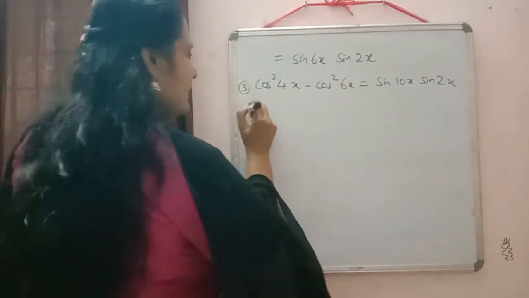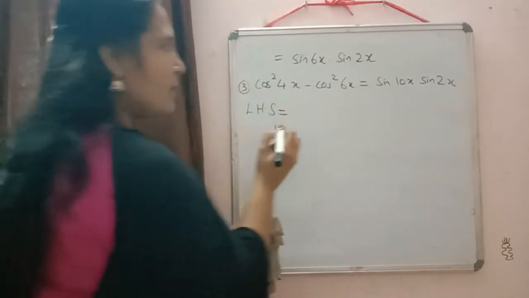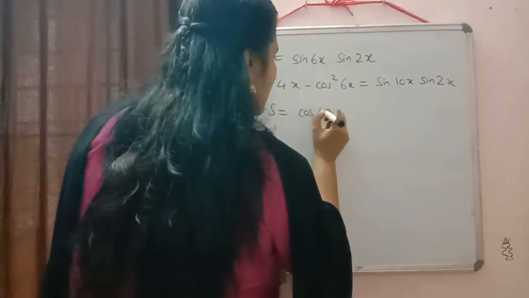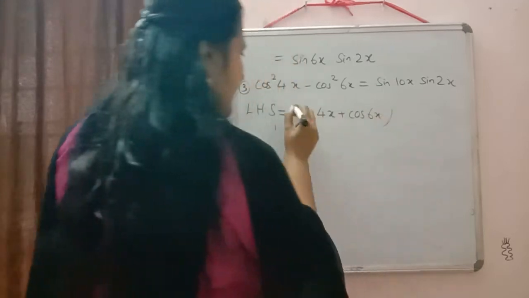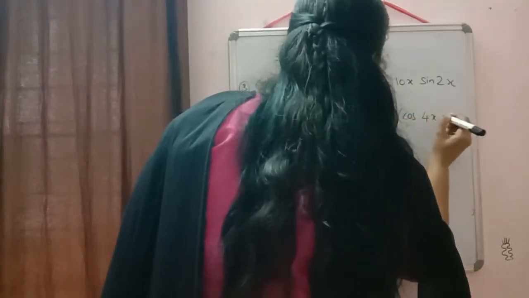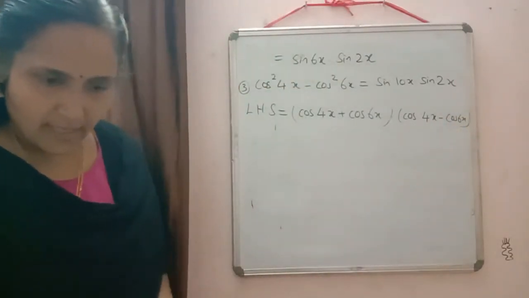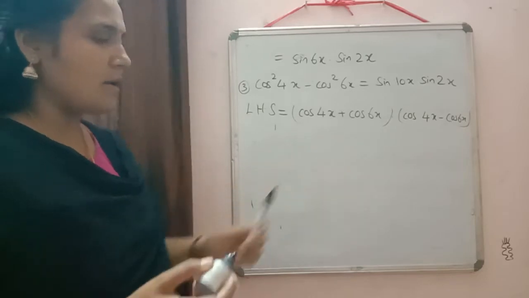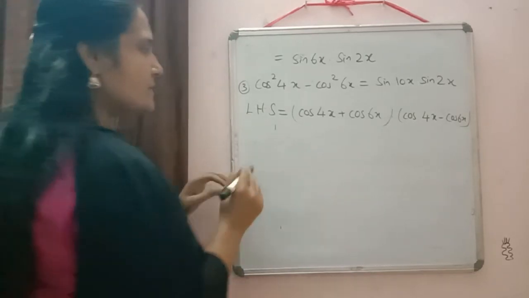We can use the identity a square minus b square. So what will come? It will be equal to cos 4x plus cos 6x into cos 4x minus cos 6x. So again we can use the formula cos c plus cos d.